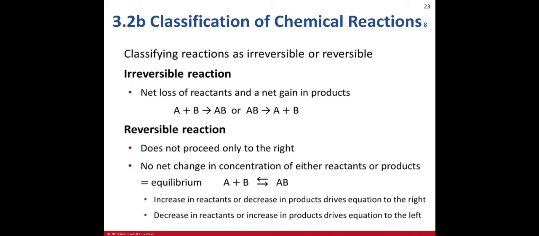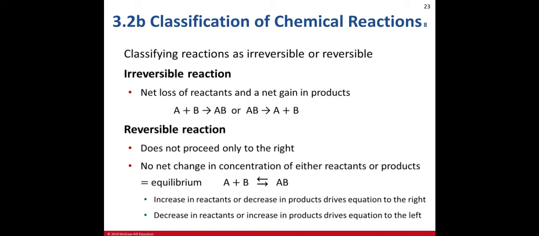A reversible reaction doesn't just go to the right, like our little arrow pointing that way. It goes back and forth. So there's no net change in the concentration of either the reactants or the products, and then we get what we call an equilibrium. So we can get something like A plus B yields AB, but AB yields A plus B. That's that double arrow.